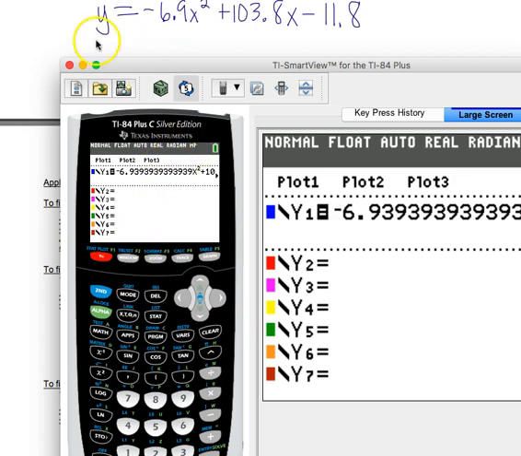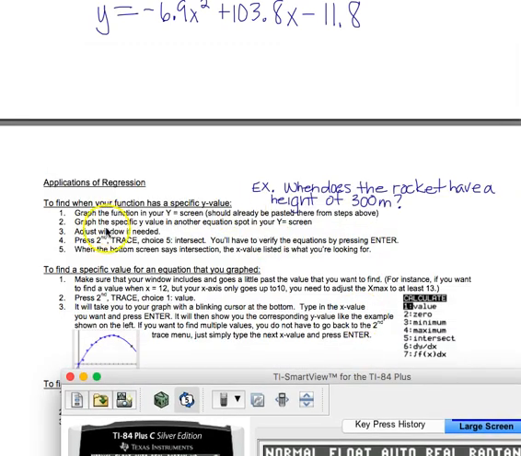So here in these notes, because you might have typed this in differently, your answer might be slightly off, but on quizzes and tests it should be the exact same thing. So that's our first step, making sure we've got the function graphed in our y equals screen.